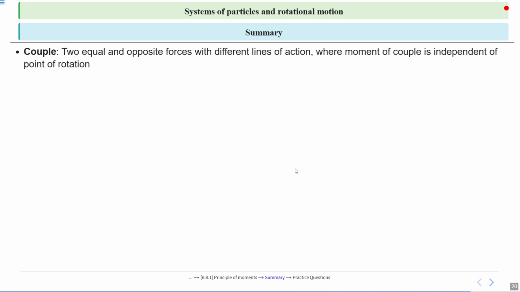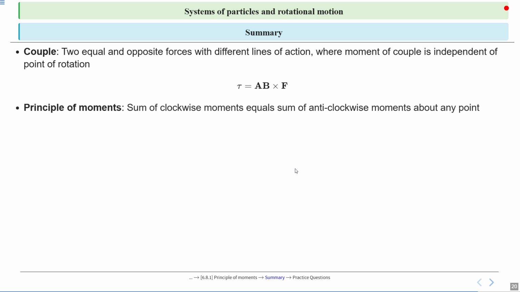Couple: two equal and opposite forces with different lines of action, where the moment of the couple is independent of the point of rotation. So it will be tau equal to AB cross F. Principle of moments: the sum of clockwise moments equals the sum of anti-clockwise moments about any point.